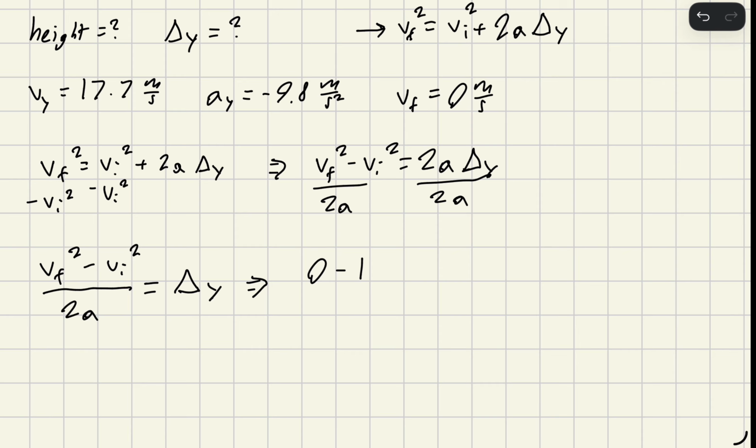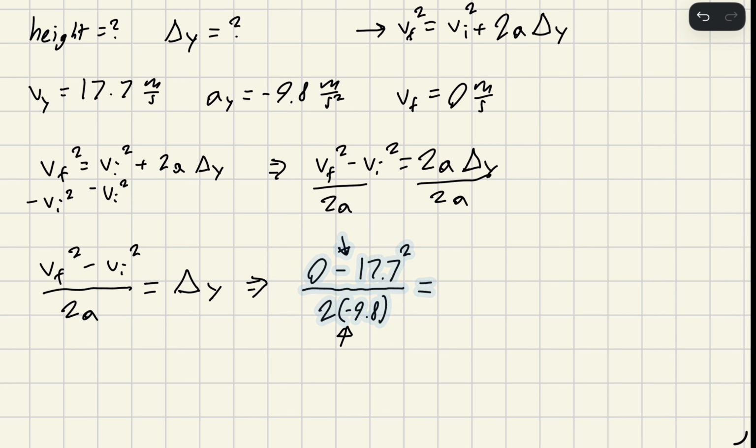Final velocity is 0. Initial velocity is 17.7 squared divided by 2 times negative 9.8. And I'm just going to plug this into the calculator, but it's a good point to check here our sign convention. We have a negative 9.8, and we have this negative 17.7 squared.